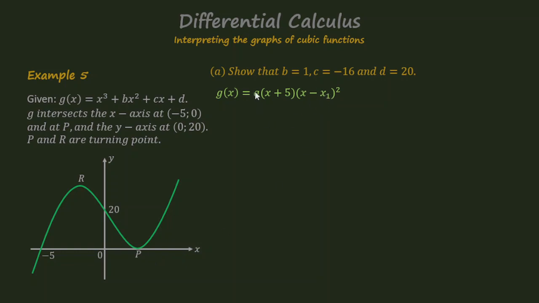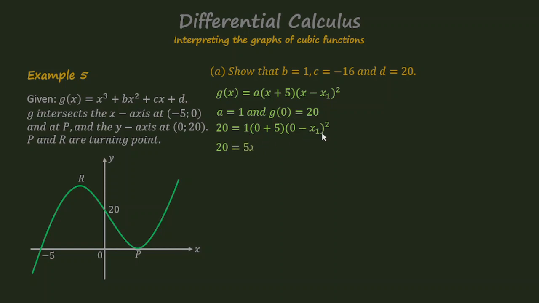Now I don't need to worry about a because it's been given here, it's 1. So I can simply ignore it. Now I was told that g(0) is 20 from the statement. I can substitute this information into this equation in order to find the value of x1. So I'll have 20 equals 1 times (0 + 5)(0 minus x1) squared.